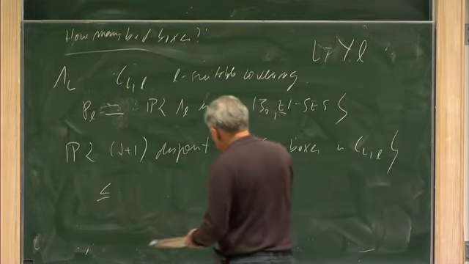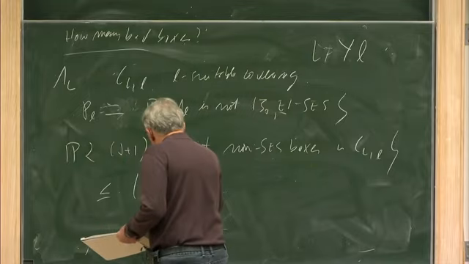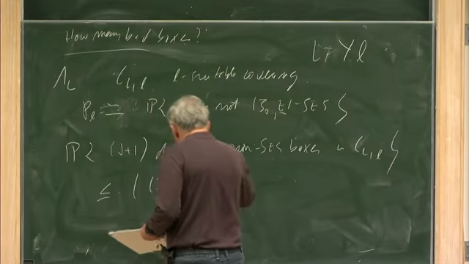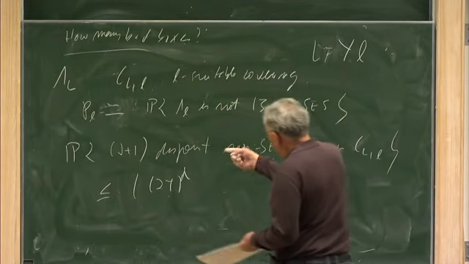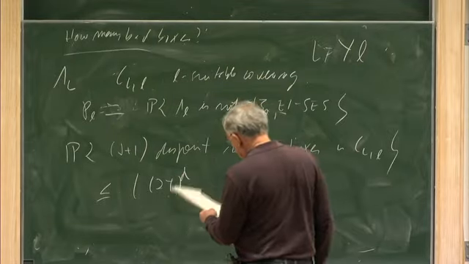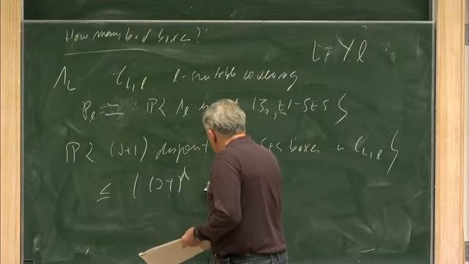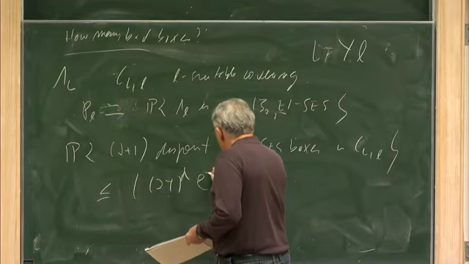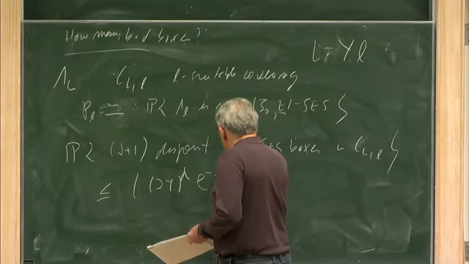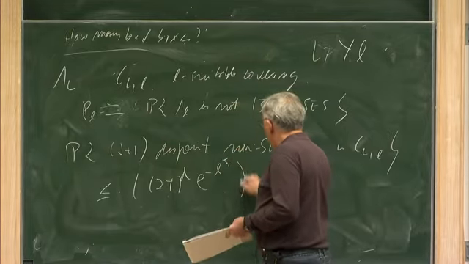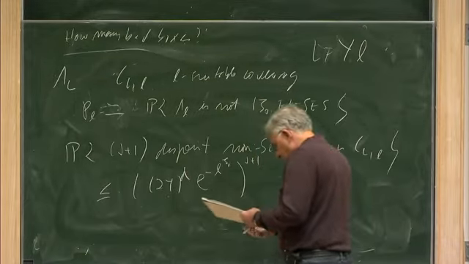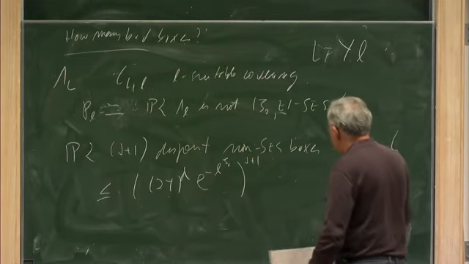Well, I get the number of boxes in the covering, which is now bounded by 2Y to the d. I get P_L is bounded by e to the minus L to the zeta 1. And I have to take e to the power j plus 1.